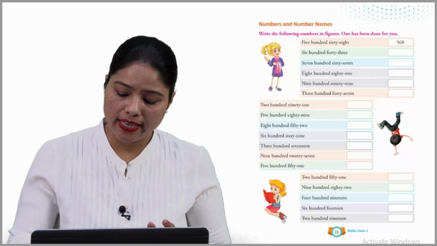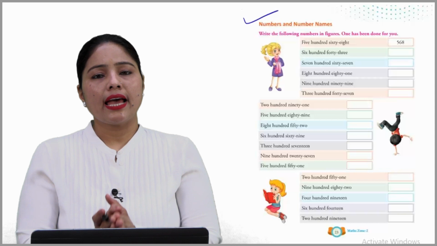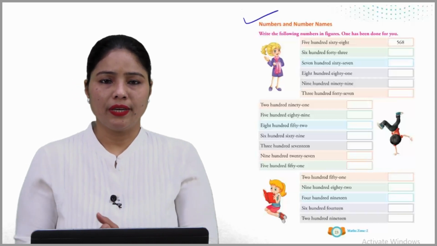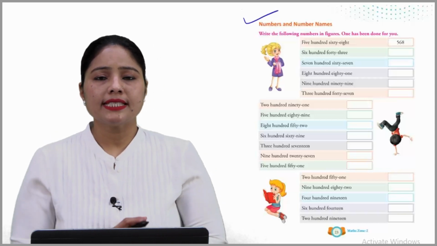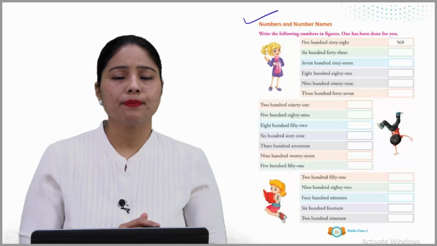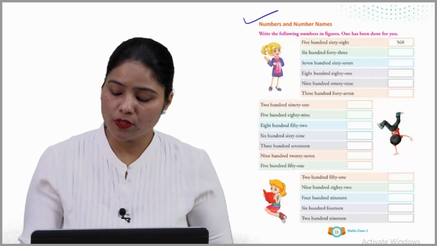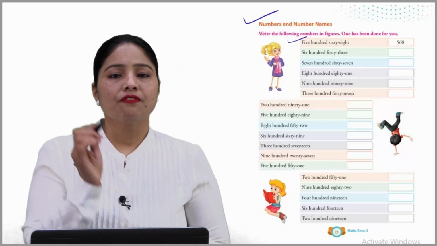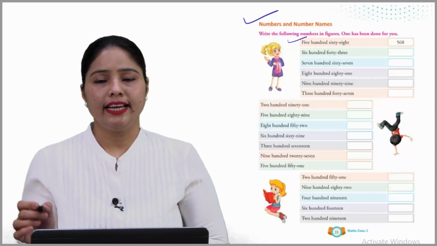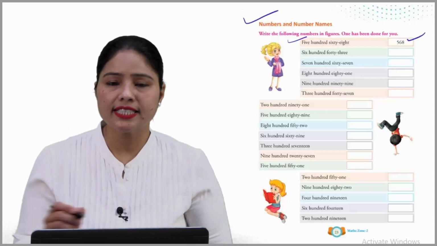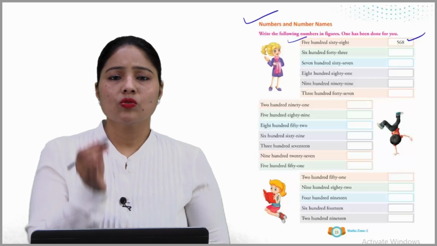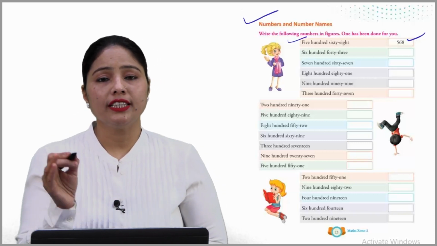Okay. So our next topic is numbers and number names. Okay. Write the following numbers in figures. One has been done for you. So the first one is given, 568. So this is 568. Next is 643.